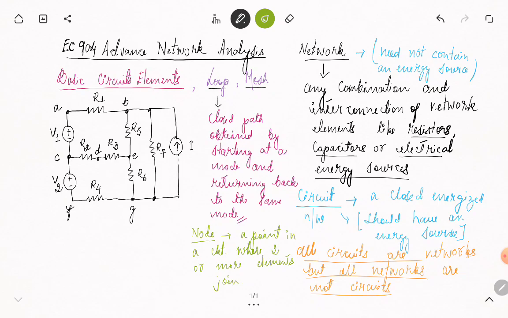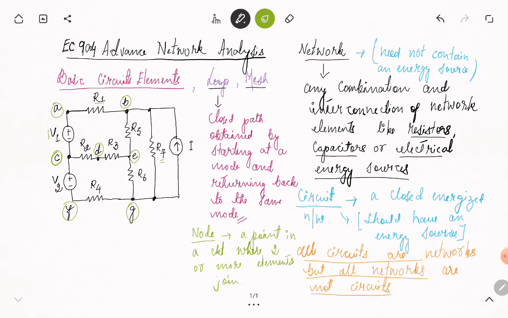For example, we have node A, node B, node C, D, E, F, G. Take node A: the elements joined at this node are R1 and V1. Similarly, node B connects R1, R5, and of course R7 also.